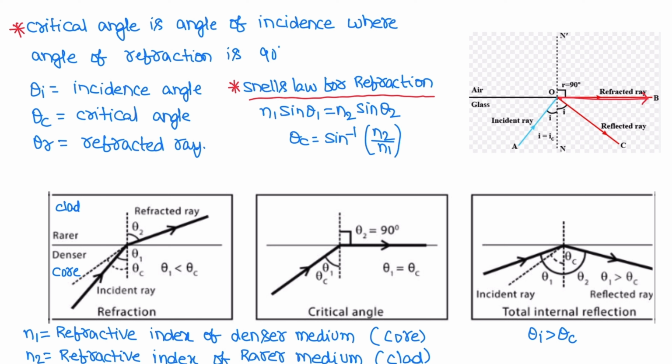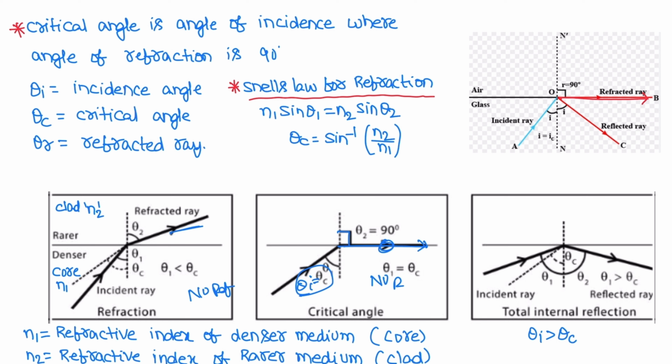Here the core refractive index is n1 and the cladding refractive index is n2, where the core is a denser medium than the cladding. The incident ray has angle of inclination theta I, and this is the refracted ray. If the angle of incidence is equal to the critical angle, then the angle of refraction is 90 degrees. The wave grazes along the boundary between the rarer medium and denser medium. No reflected component here, only a refracted component.